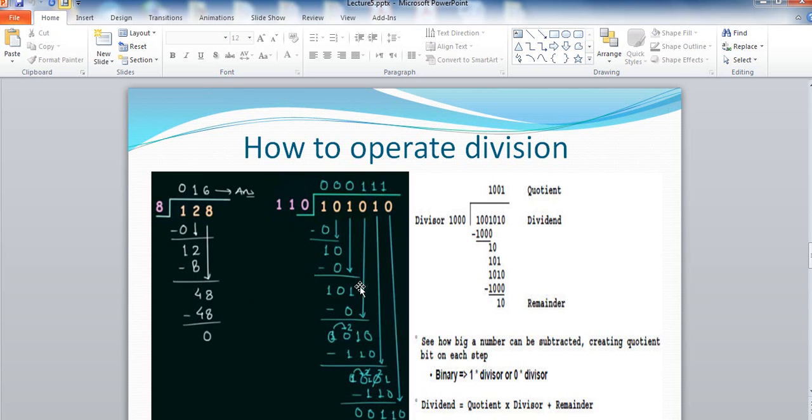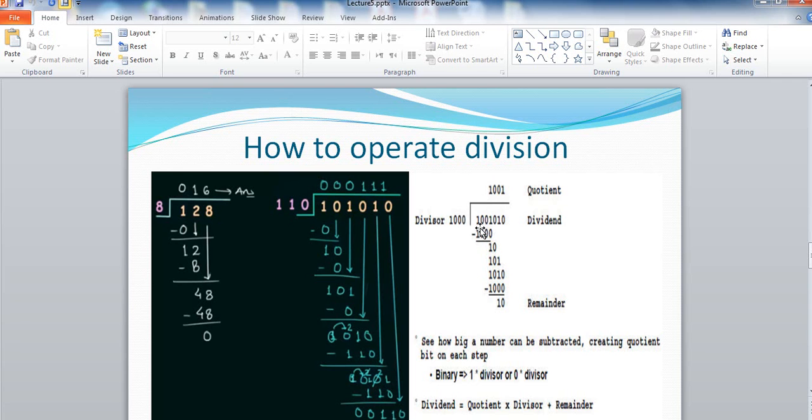So what is the procedure here? Let me take another example for the division. Let's say we have 1001010. This is the dividend, and we have the divisor, which is 8 in decimal.